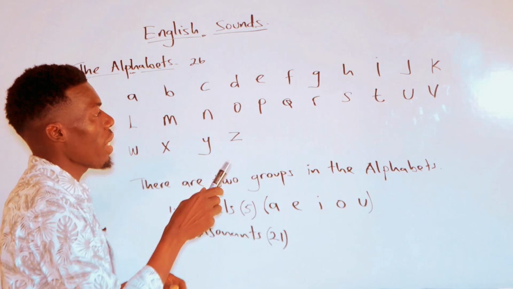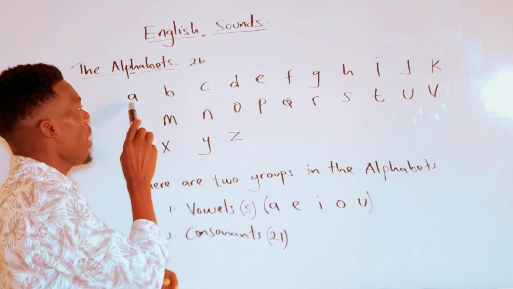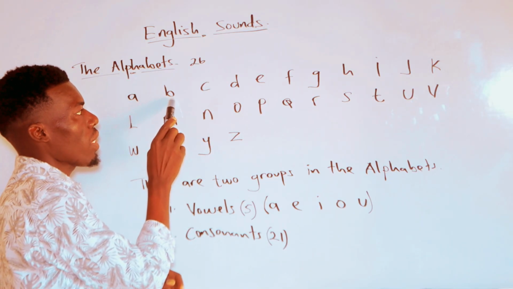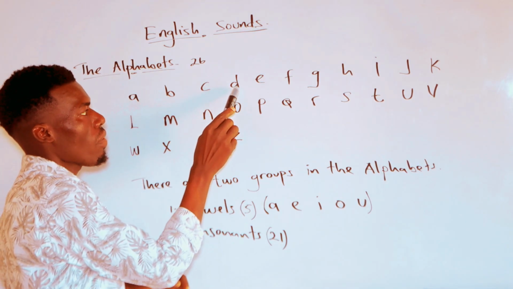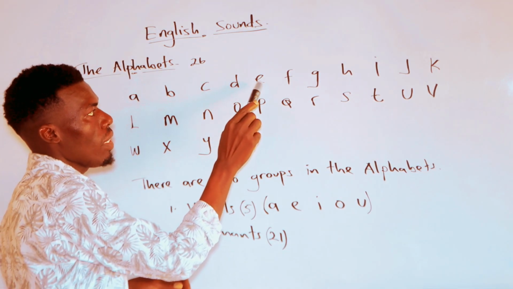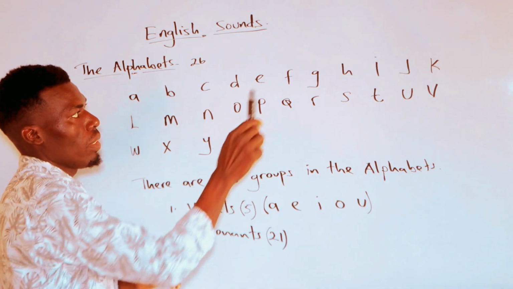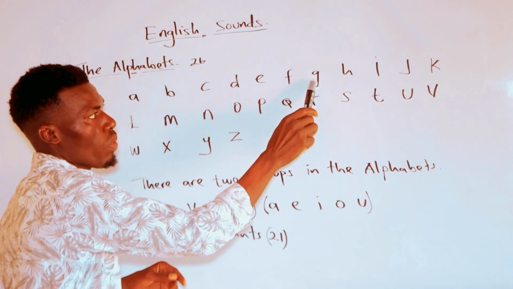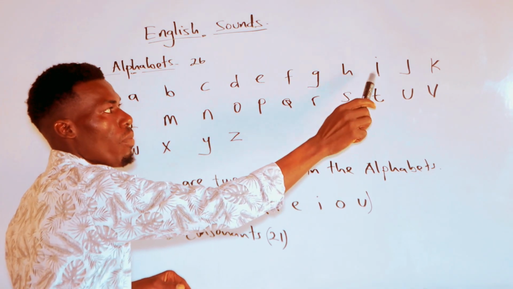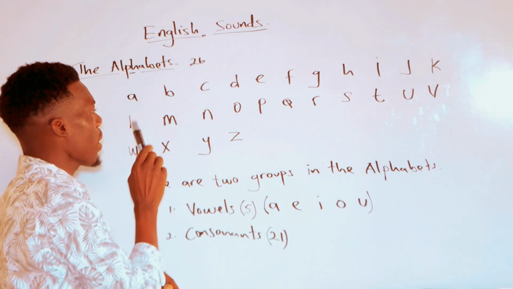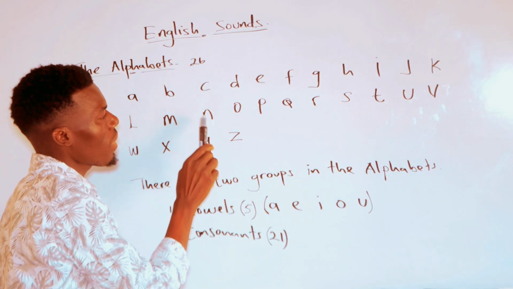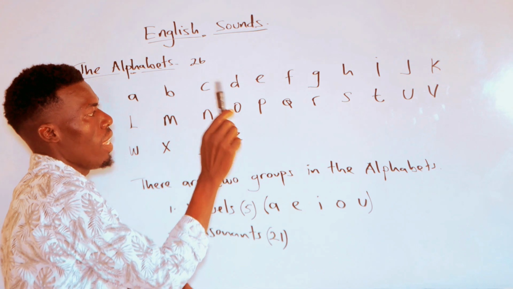So we go back here and we say B is consonant, C is consonant, D is consonant, E is vowel. Consonant, consonant, consonant, vowel.